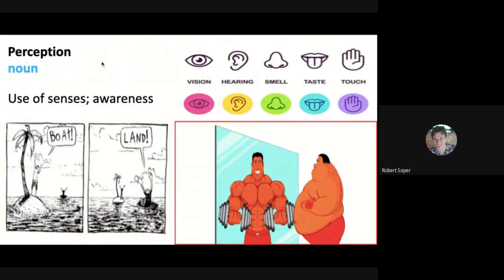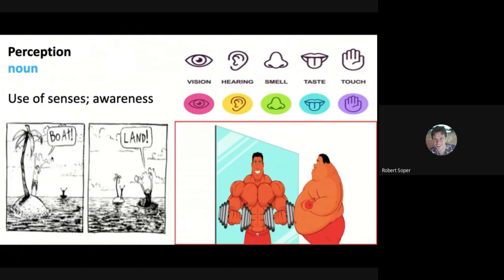This word is perception. Perception often involves the use of our senses or an increased awareness. We often have different perceptions because we see things differently depending on our point of view.